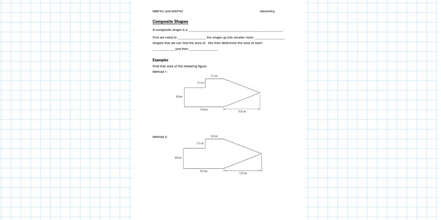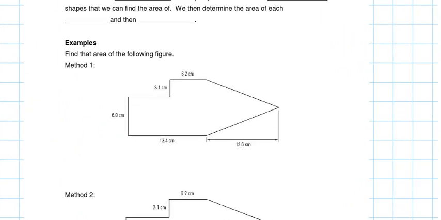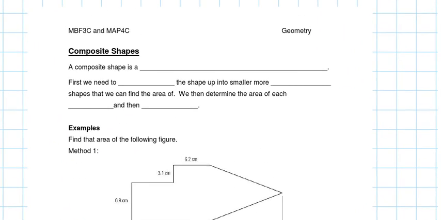So in real life, most of the time, your shapes or the objects that you have are not made of one shape. If you look at, for example, this stapler, it's made of this and then another shape here. This is another shape, this is a shape. So they're different separate shapes. When you put them all together, they make a composite shape.